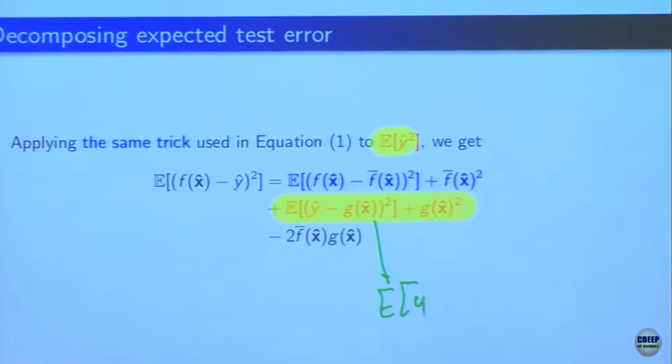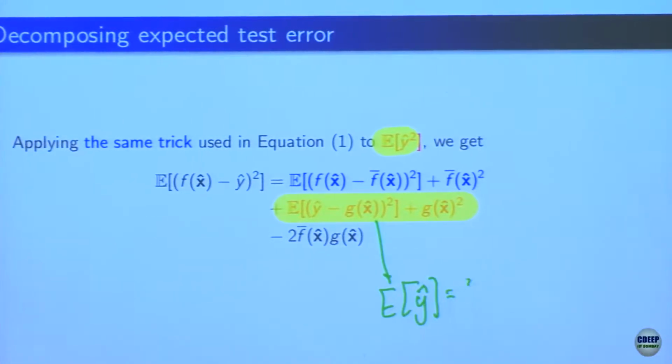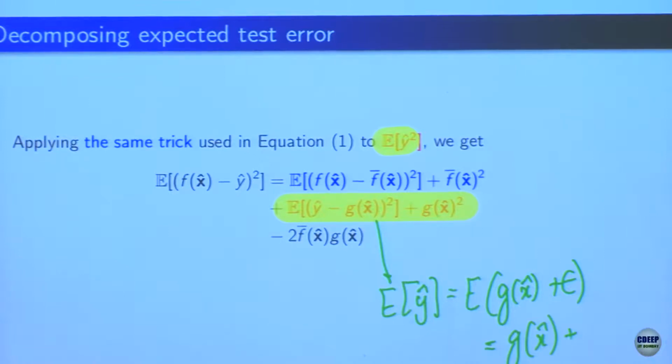So E of y hat is just G of x hat, or again if you want to go back, E of G of x hat plus epsilon, which is G of x hat plus the expected value of epsilon, which is 0. So these are the three components you can get.